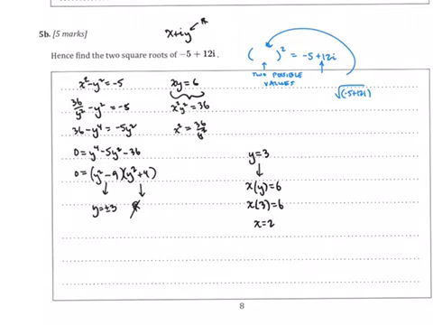So one of our answers in x plus iy form will be 2 plus 3i. That's one of the square roots of negative 5 plus 12i.